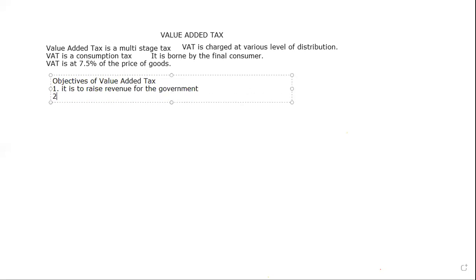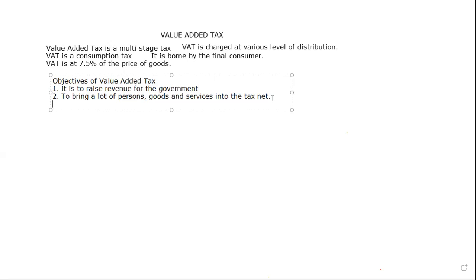Number two is to bring a lot of persons and goods and services into the tax net. That's the second aim for value added tax.